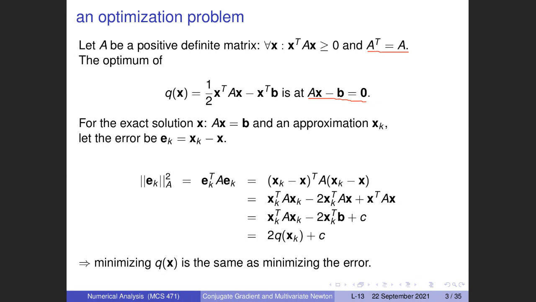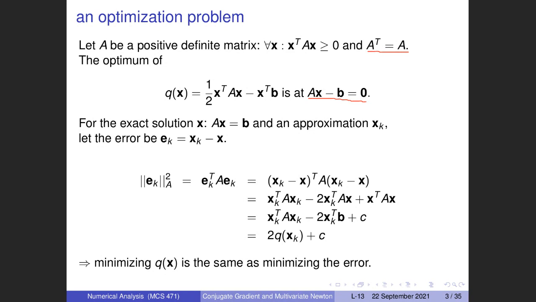You take the derivatives of the quadratic form and you get a linear system. So any quadratic form will lead to a linear system. We will not do that. Instead, we will use ideas of optimization to get to a method for solving a linear system.